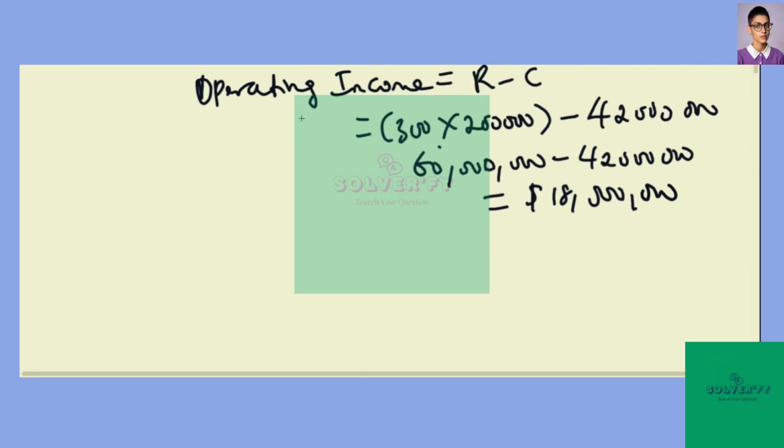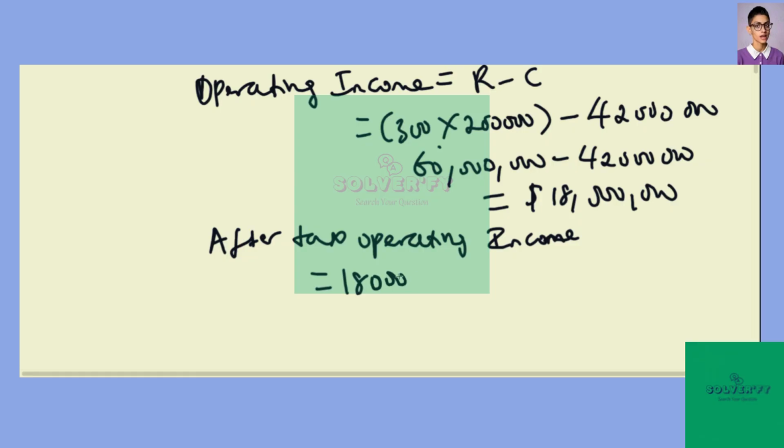So the after-tax operating income will equal 18 million multiplied by 1 minus 45%, and this is going to give you 9,900,000.